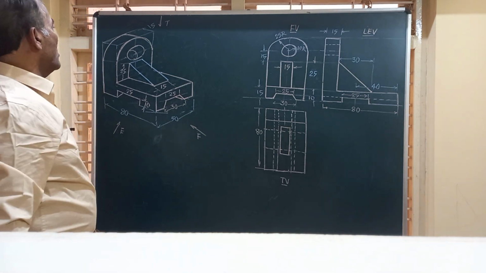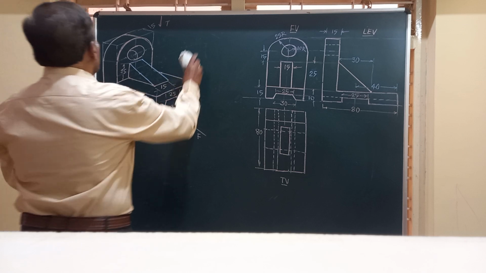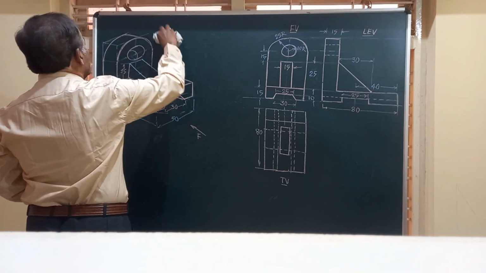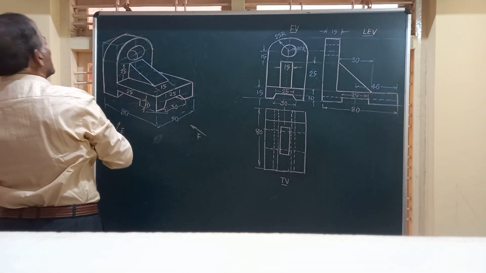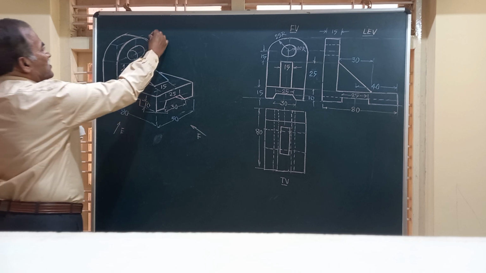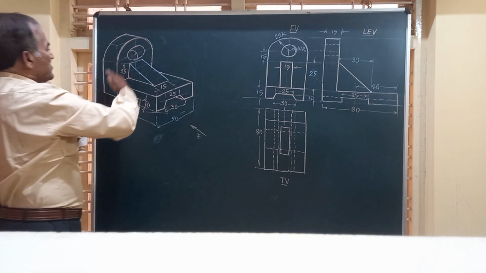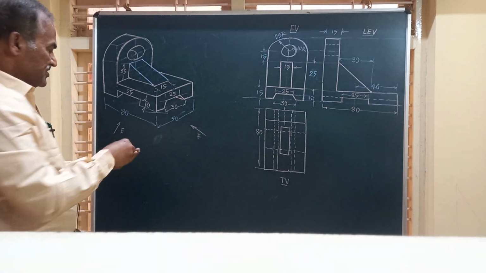Friends, this is how we obtain the isometric view of the given views, that is the orthographic views. Given the orthographic views, you are able to construct this figure. That is the isometric view of the object.